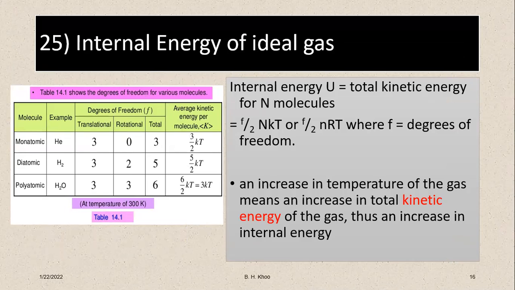An increase in internal energy means that when temperature increases, kinetic energy also increases at the same time. For polyatomic, you just double this one, that's all. Okay, next one, Chair.